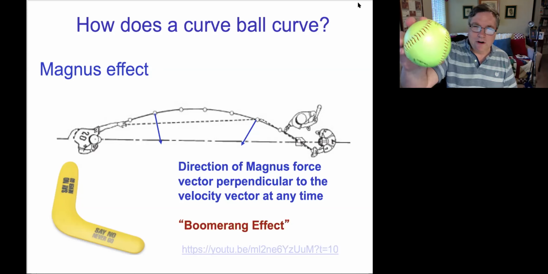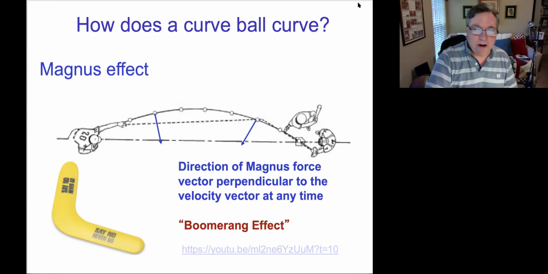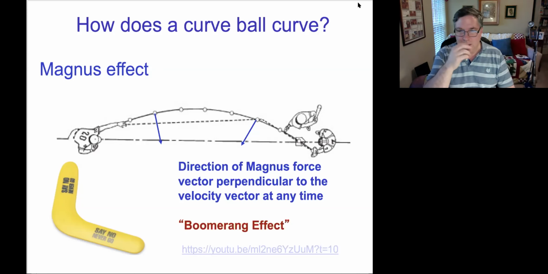Any curvature appears to be larger as the ball or the object is coming close to you. Part of the reason is that the Magnus force, that force vector, is perpendicular to the movement of the ball all the way along the path. And so the direction of that force actually changes.